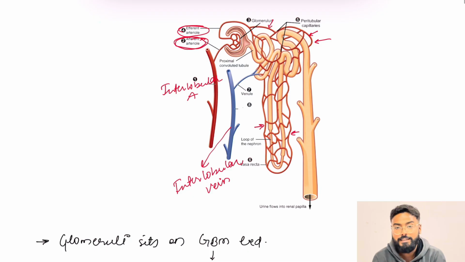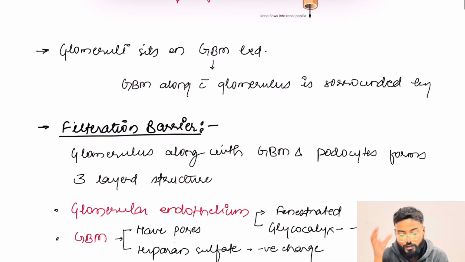Now, this is the basic structure of the nephron that you must already be familiar with. This is your glomerulus over here. Now, this glomerulus sits on the glomerular basement membrane bed, and this glomerular basement membrane along with the glomerulus is surrounded by podocytes.